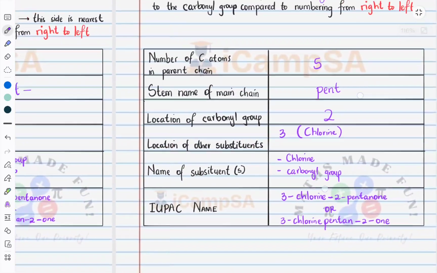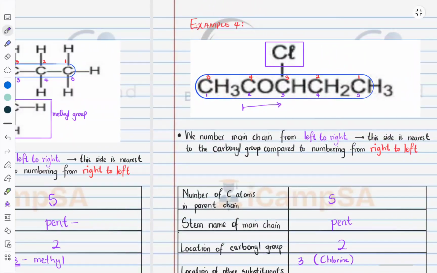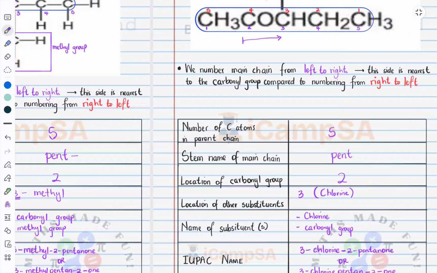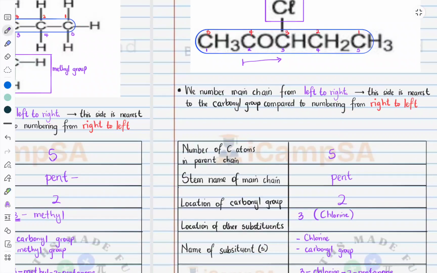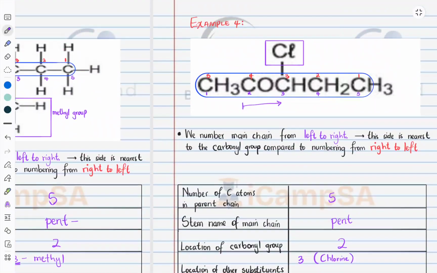And for ketones we have quite a few more examples. Unlike the other homologous series or the other organic compounds that we were doing, here we have just a bit more examples. But pretty much the rules keep appearing to be the same over and over again. Of course, they differ slightly as we move from homologous series to homologous series. All right, so let's go ahead and attempt our next example, which is example 5.